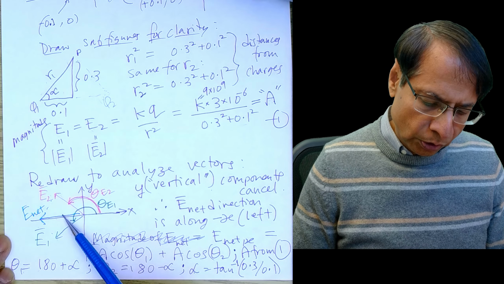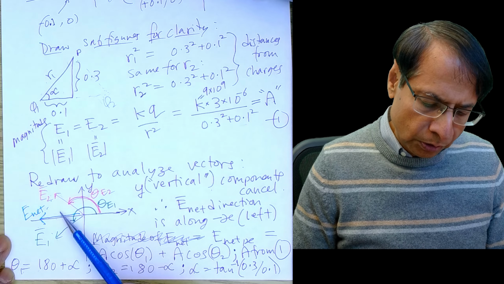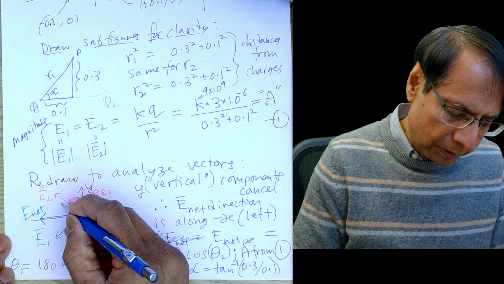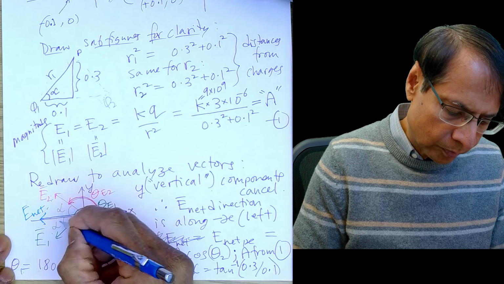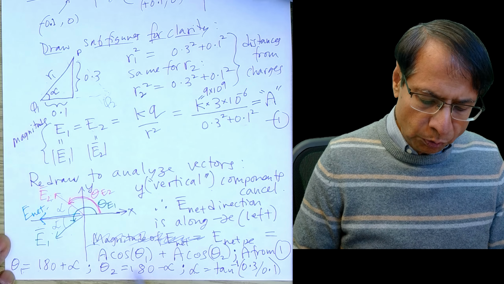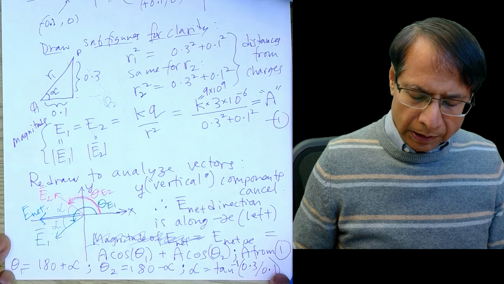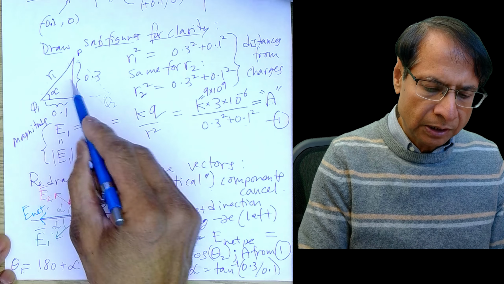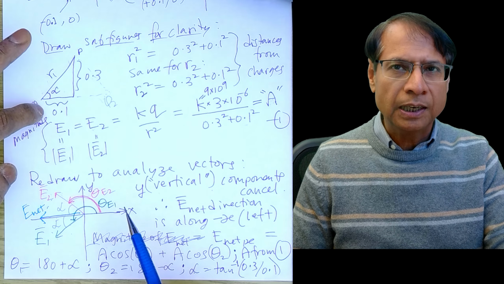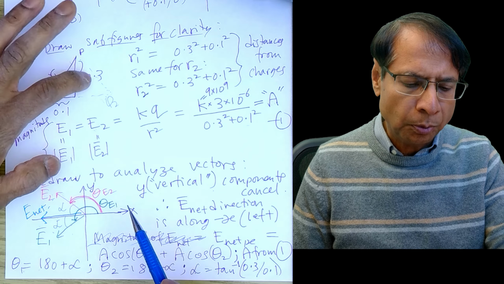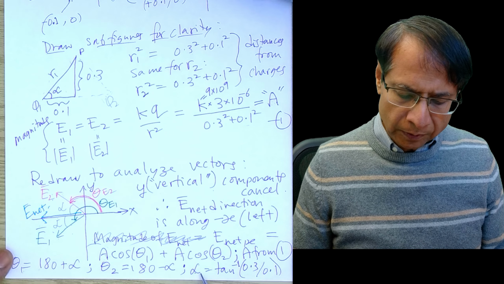So instead of going all the way to 180, you go to 180 and come back by alpha. So these angles are alpha, by the way. So theta 2 is 180 minus alpha. And if you needed to find that number from this triangle, you can. Opposite over adjacent is the tangent of alpha. So alpha is arctangent of 0.3 over 0.1. So there it is. This is alpha.